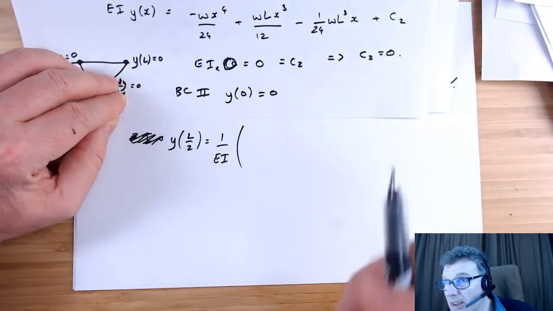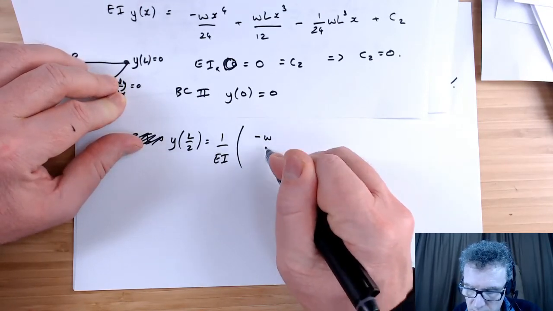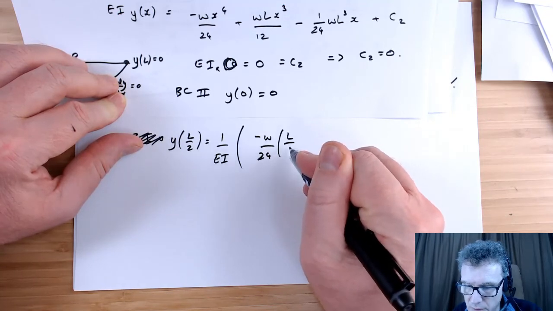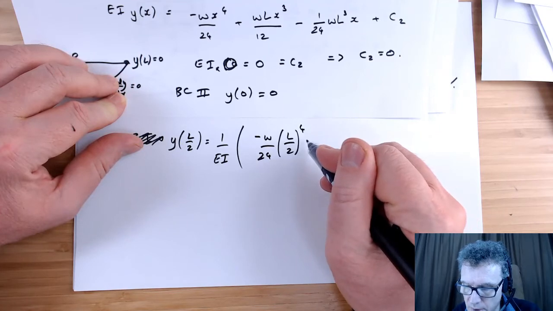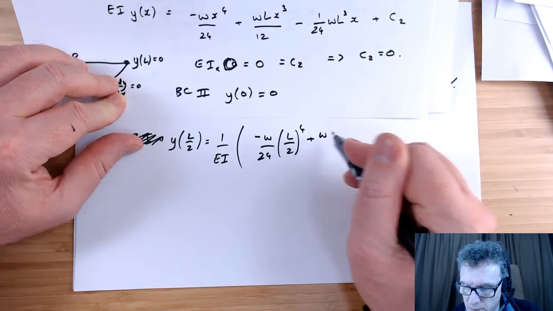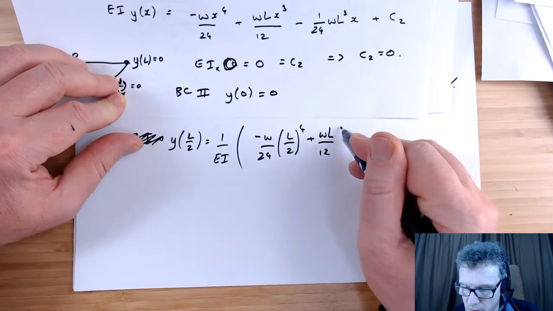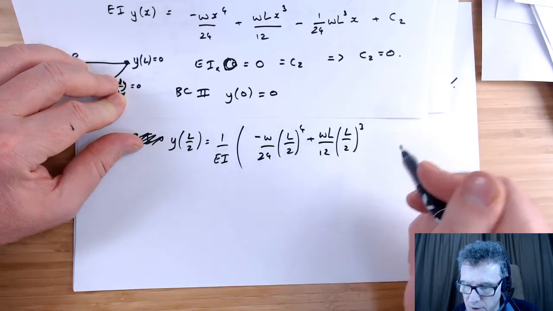Okay, so leave it there. So we've got minus W over 24, L over 2 to the power 4. Then plus WL over 12, and that's L over 2 to the power 3.